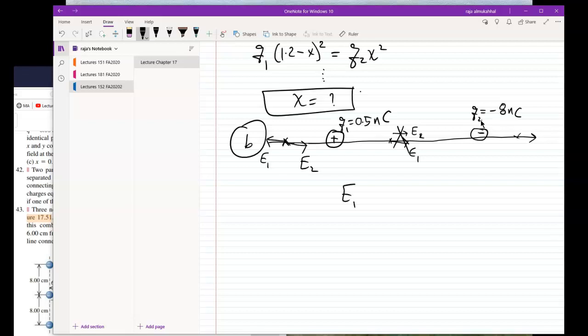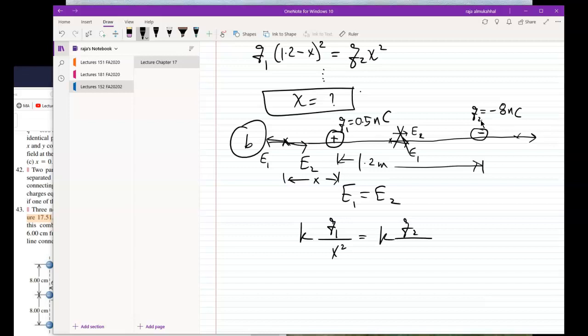So E1 is equal to E2. Remember that the distance between them is 1.2 meters, and the distance that I'm looking for, I'm going to call x. So in this case it's k q1 over x squared equals k q2 over (x plus 1.2) squared.